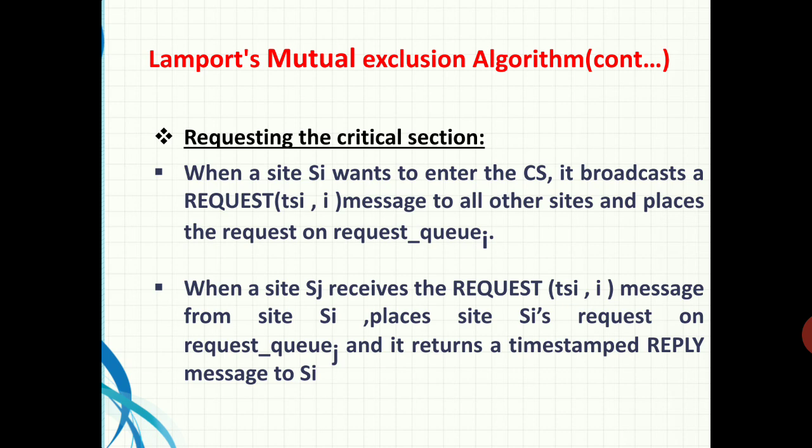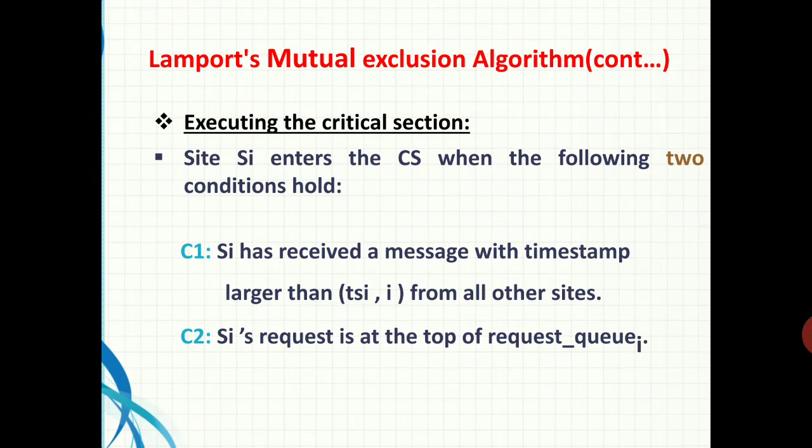Here the receiving site is Sj and the sending site is Si, so the message from Si is stored in the request queue of site Sj. That is about requesting the critical section.